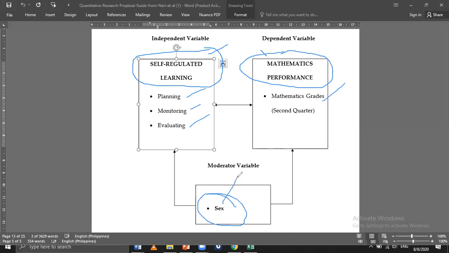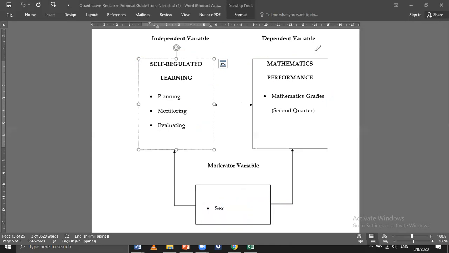You want to know if sex or gender has the effect of changing the strength of the relationship between these two variables. Is self-regulated learning stronger when, let's say, male, or is it stronger when female? Or what about the effect on the mathematics performance of those self-regulated learners or your classmates? Okay, so let's put it out.